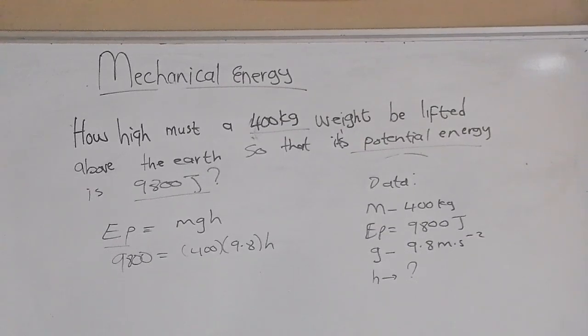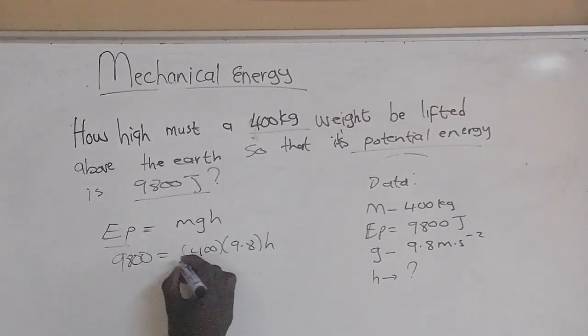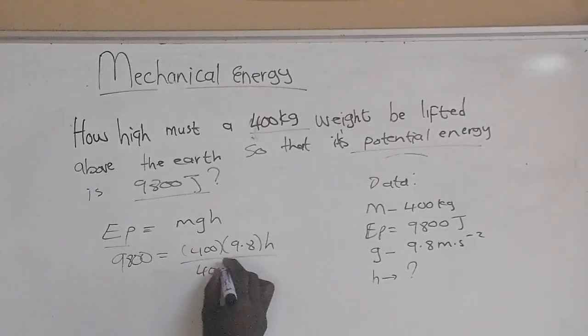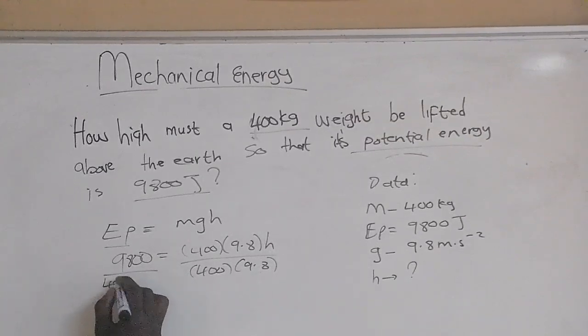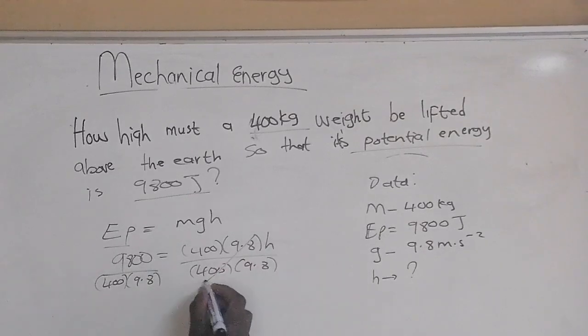You divide by everything that we have here, 400 times 9.8, so that we can make h the subject of the formula. Then these cancel, and we are left with h on the right hand side.